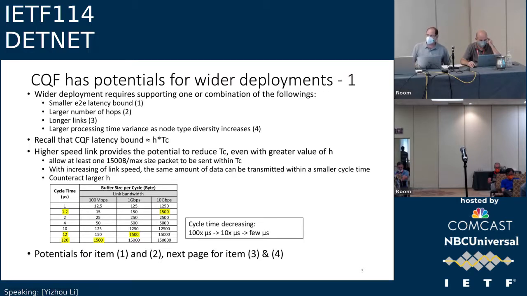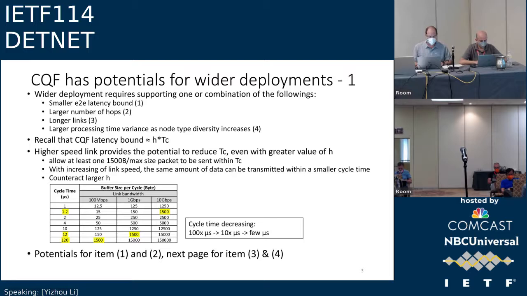So recall that the CQF latency bounds are only relevant to the number of hops and the cycle interval. So when we talk about these four requirements, the first two we are thinking naturally can be supported by the higher speed links. There is a hard requirement that each cycle has to at least support a maximum size packet, which is normally 1500 bytes. So look at the table here.